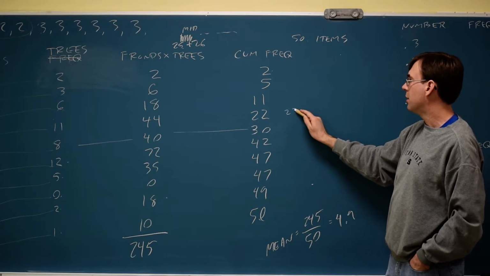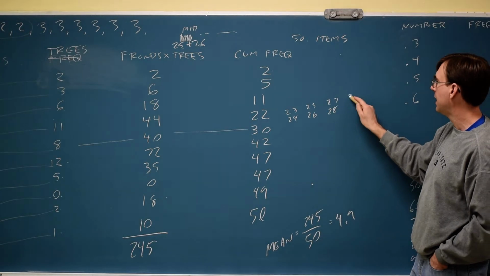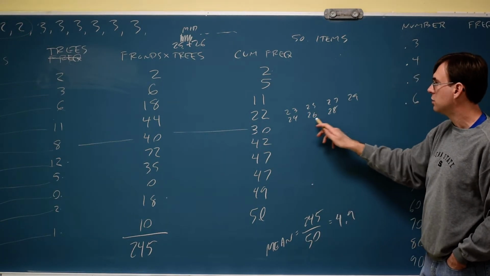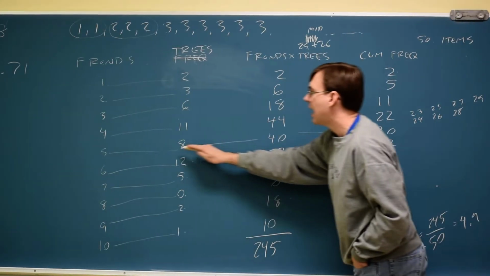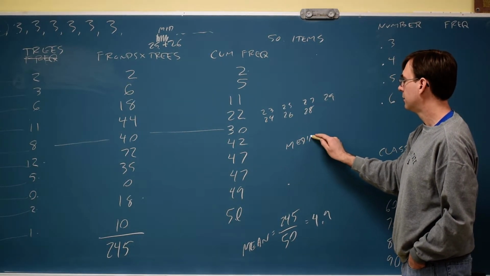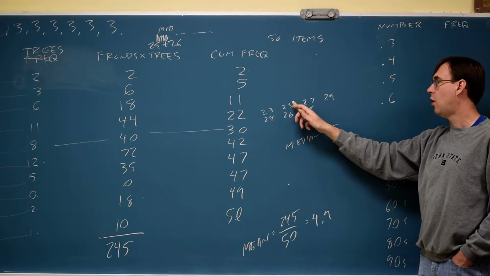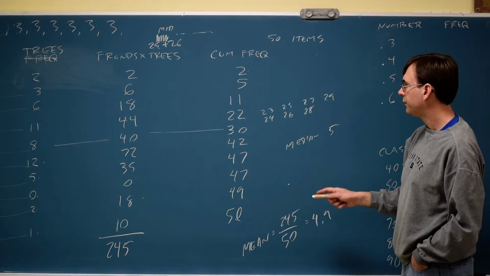So then tree number 23, 24, 25, 26, 27, 28, 29, and 30, all of those trees through most of the 20s up to number 30, they're all the type that would have 5 leaves, which makes the median be 5, because the middle of the trees would fall in the section where there were 5 leaves per tree.